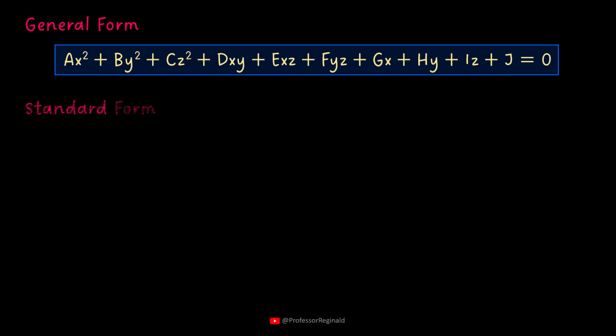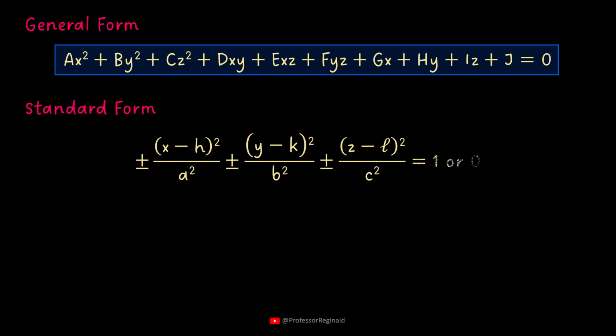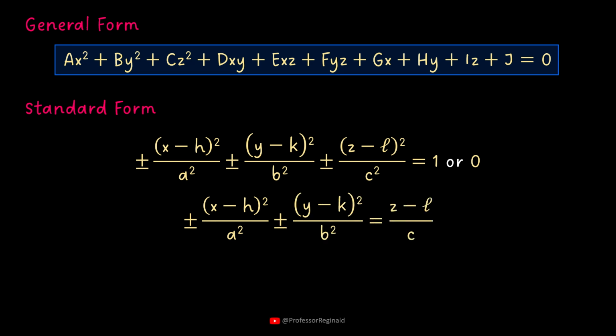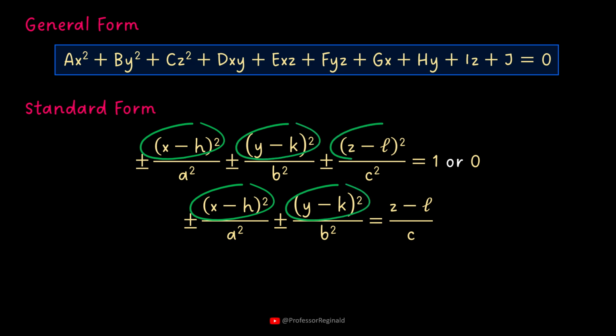The standard form of the equation of a quadric surface can take one of these forms. A quadric equation in general form can be converted into a standard form by completing the squares of each polynomial in one variable, and then dividing the whole equation by a number that makes the equation become a standard form.